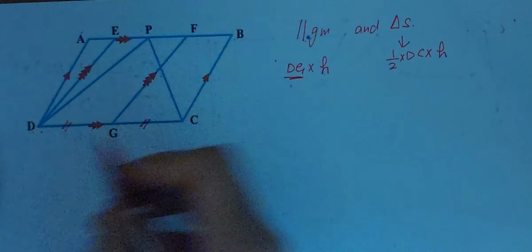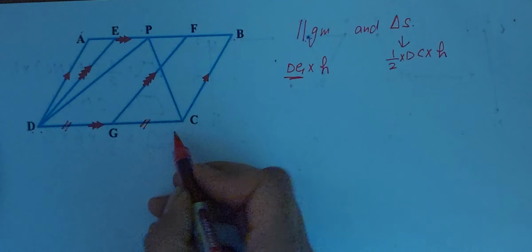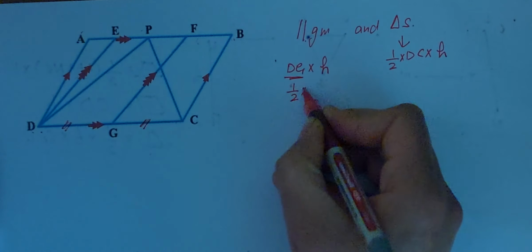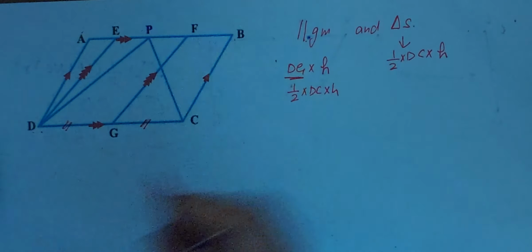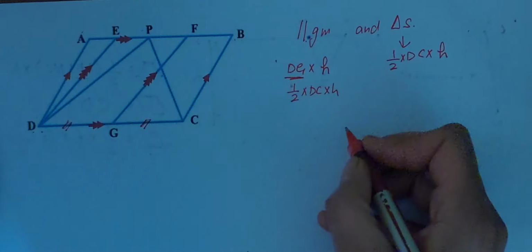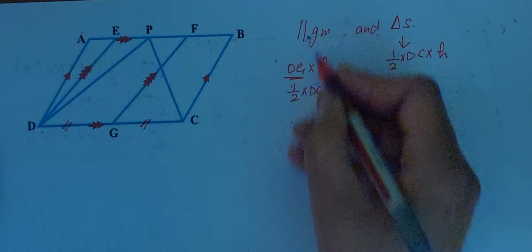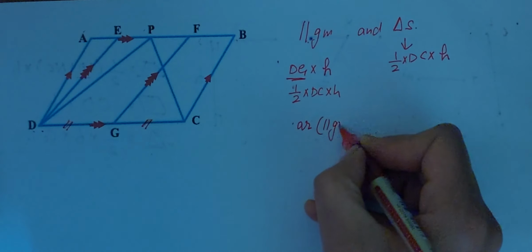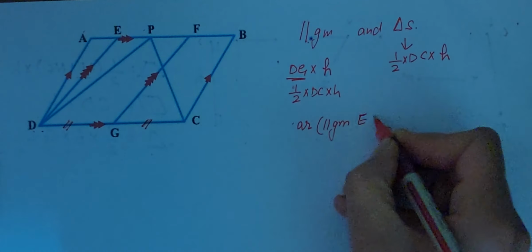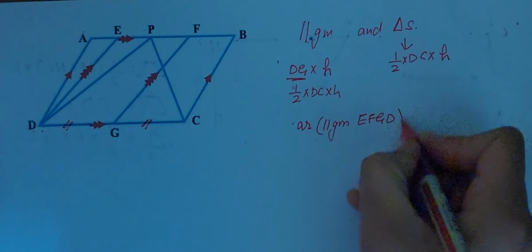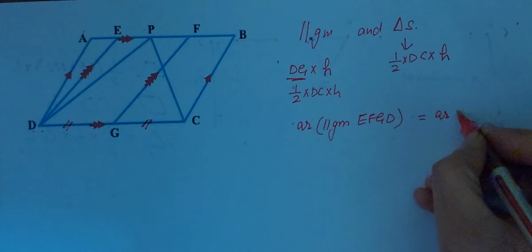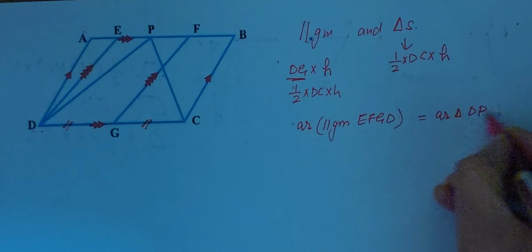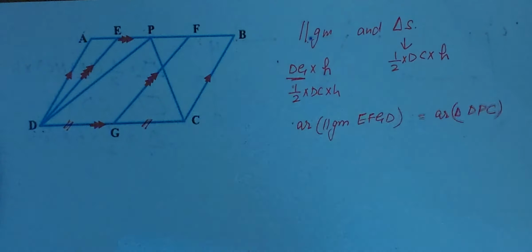But DG is half of DC, so this is also half into DC into H. So there was only one pair: area of parallelogram EFGD was equal to area of triangle DPC, and none others were equal.